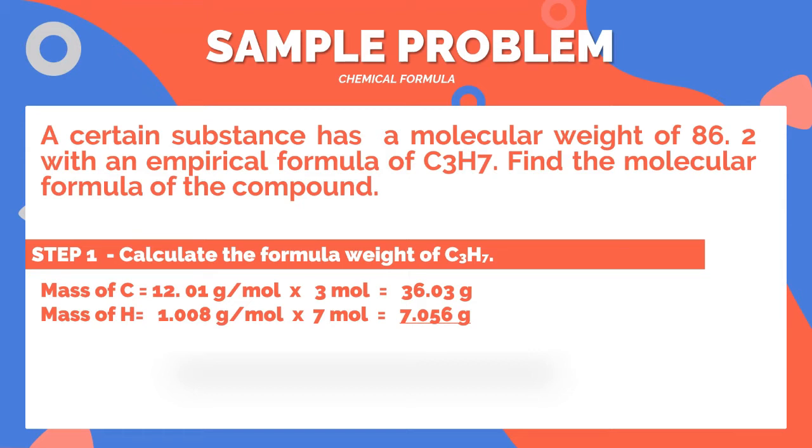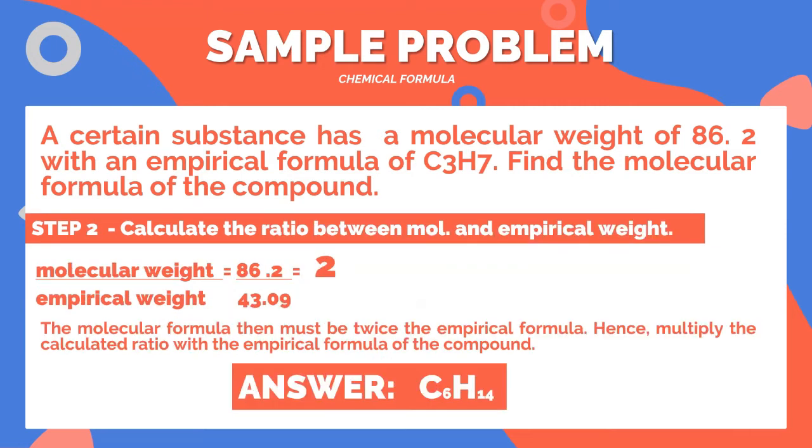We would get 7.056 gram. Adding these two masses of carbon and hydrogen, we get 43.09 gram or atomic mass unit. That's the first step, and this is the formula weight of C3H7. We will use this formula weight in getting the molecular formula.